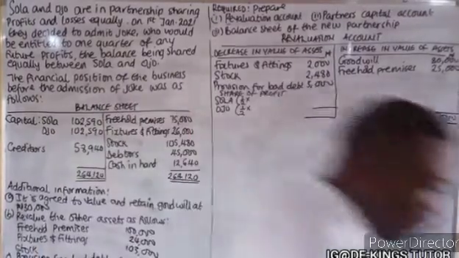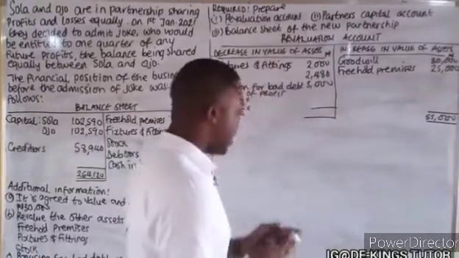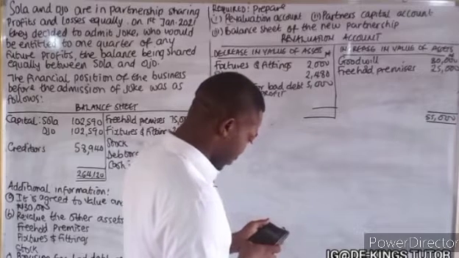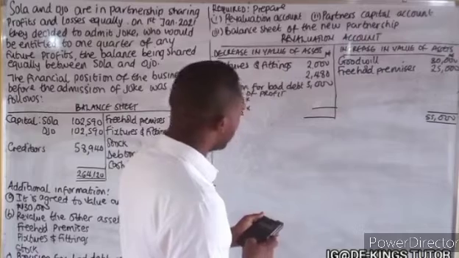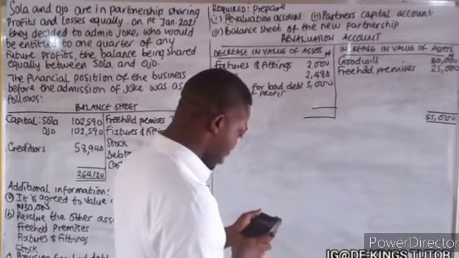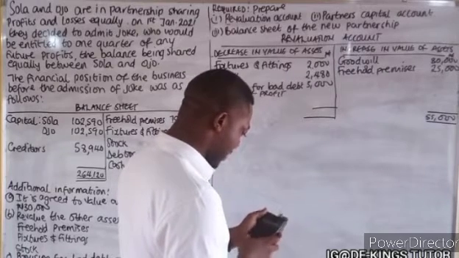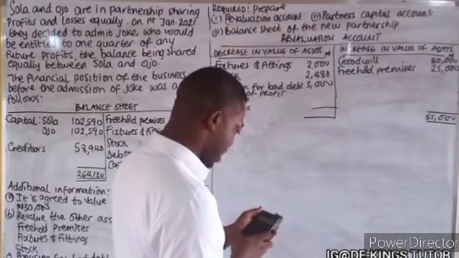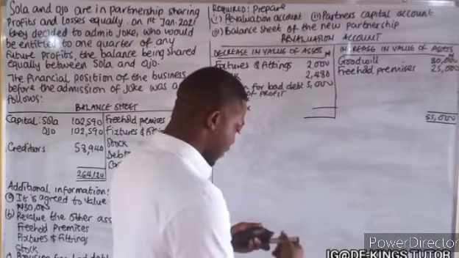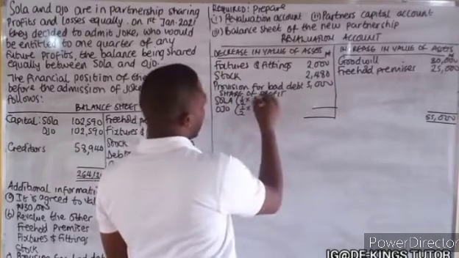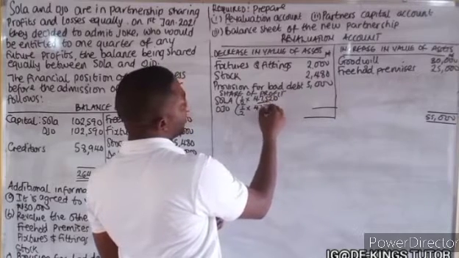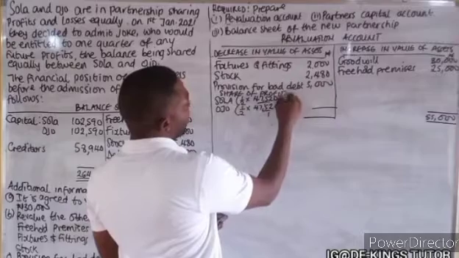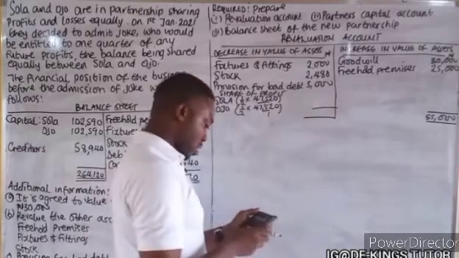So 55,000 minus 2,000, 2,480, and 3,000 will give us 47,520. That's the profit. That's what they will share. 47,520. That is what they will share equally.